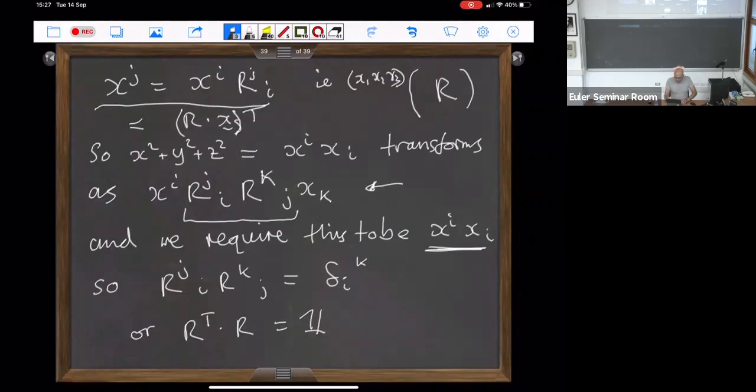This is just a notation for the identity matrix: the entries equal 1 if i equals k and 0 otherwise. A more compact way of writing it is just R transpose dot R is equal to the identity matrix.